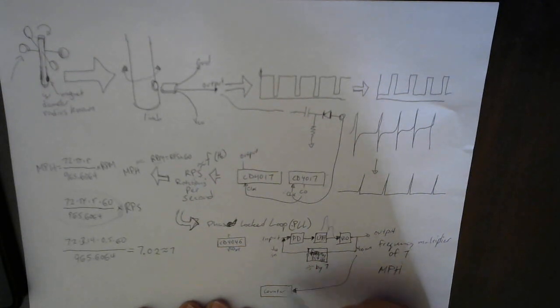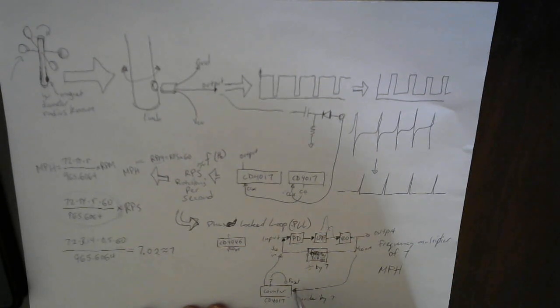And after it gets to 7, which will be a CD4017, once the output gets to the 7th pin, or the 7th output, then we're going to feed that back to this to reset. And we're also going to feed the output of this into here. And that'll effectively give us a divide by 7 in our feedback loop.